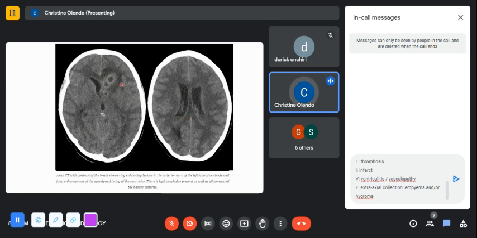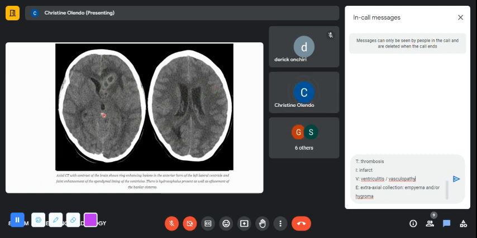Which cistern is shown that is effaced? No, not in that one. In that one, what you can see that is effaced is the suprasellar cistern. But you can see the pineal gland in the first image.